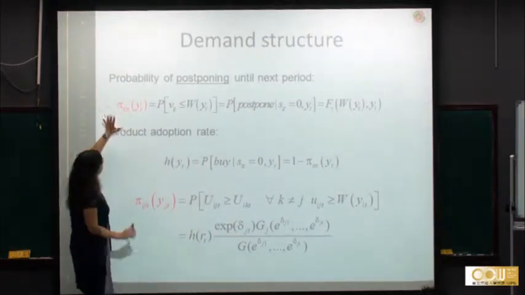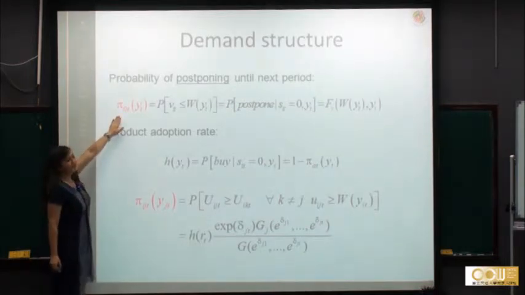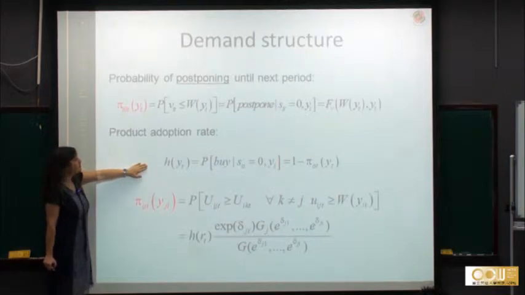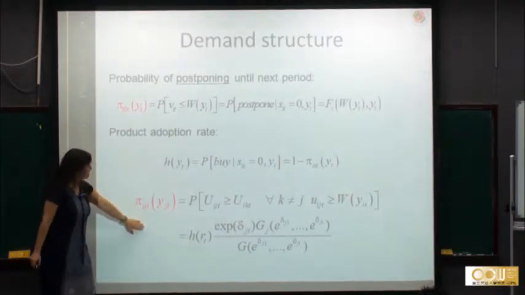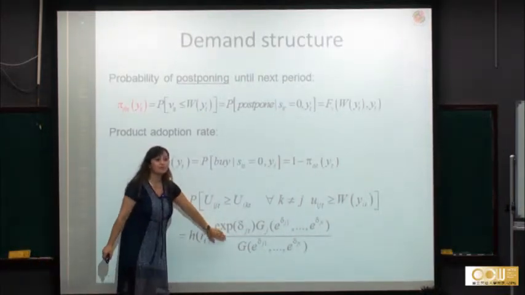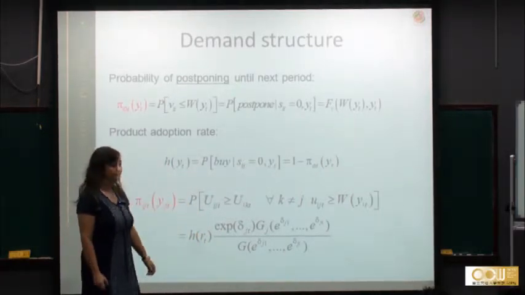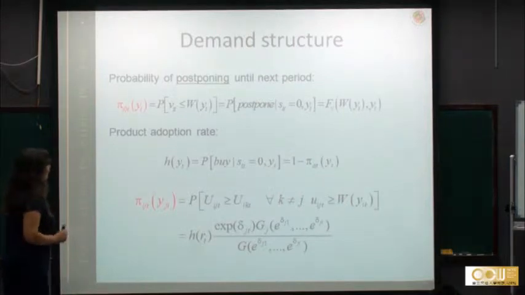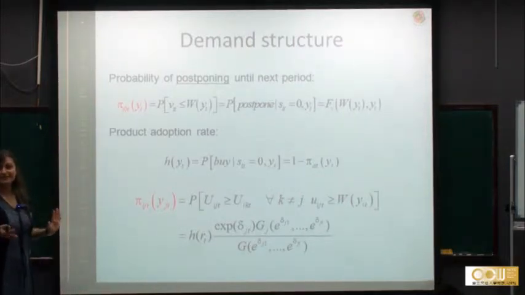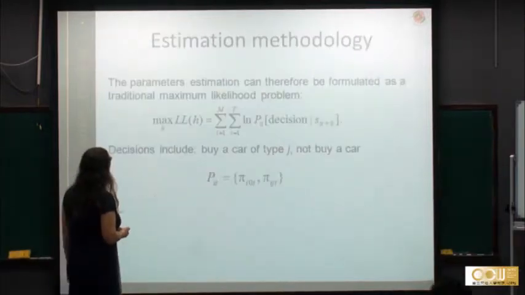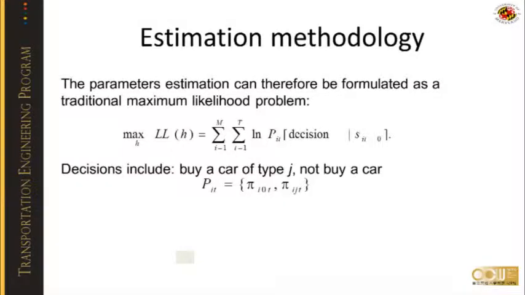So in the car ownership context, this is the probability of staying with your car, not buying a new car. This is the probability of buying a new car, and this is the probability of buying a new car multiplied with the probability of buying a certain type of car, right? Okay, so I'm going very fast here because we have already seen this. This is a kind of summary. All right, so we maximize this and we estimate the parameters.